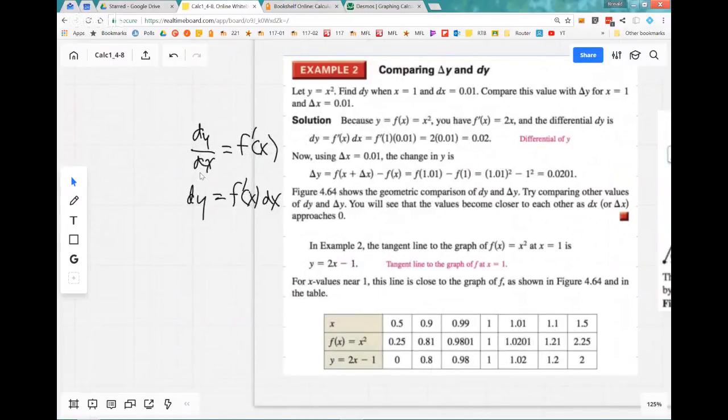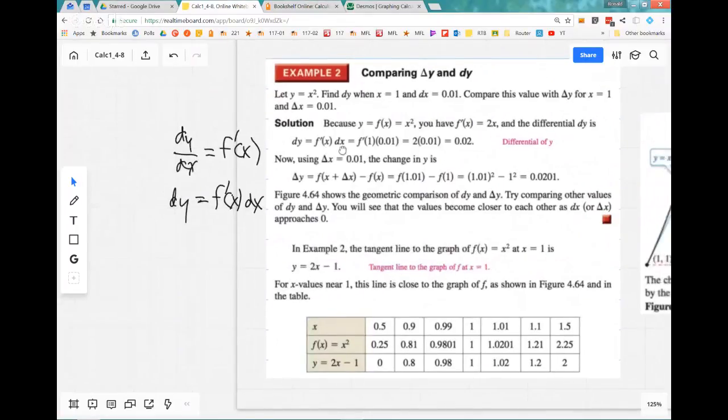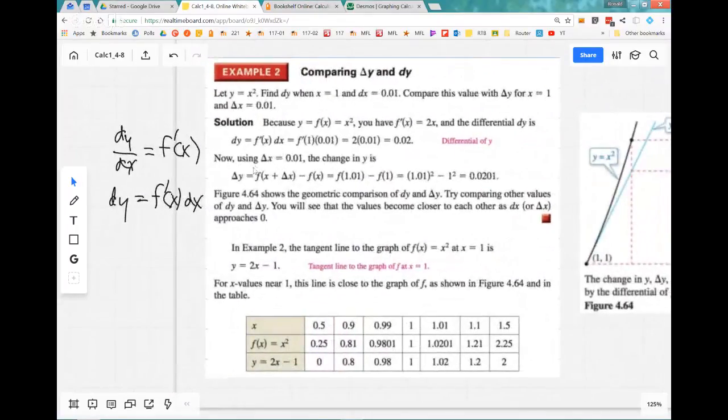And if you multiply both sides by dx, you get dy equals the derivative times dx. So what is the derivative of x squared? It's 2x. Okay, you see that they did that right here. And now when you find dy, it's the derivative multiplied by dx, which in this case is 0.01. And you wind up with dy being, when you multiply it out, 0.02.